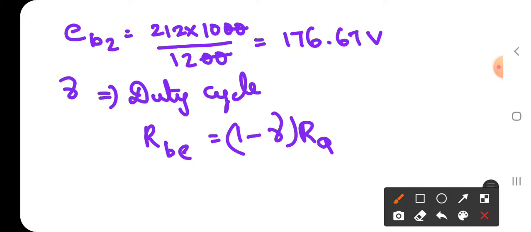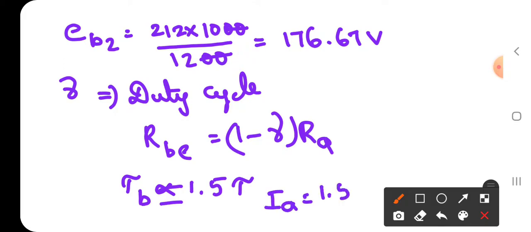Now he states that the braking torque is equal to 1.5 times the rated torque. That means Ia is equal to 1.5 times 15, which is 22.5 amperes.